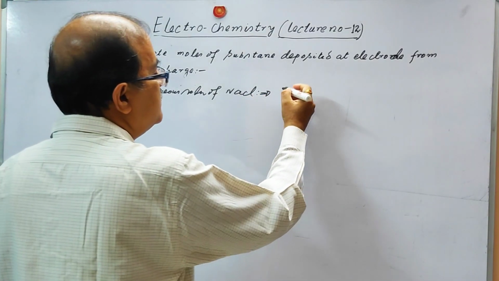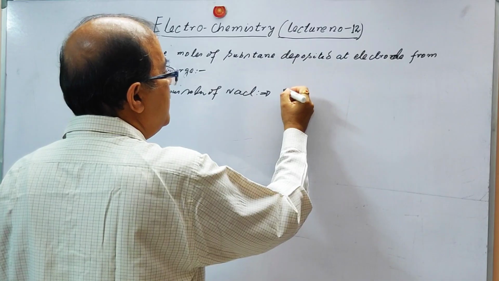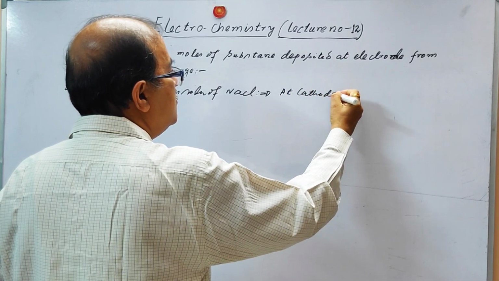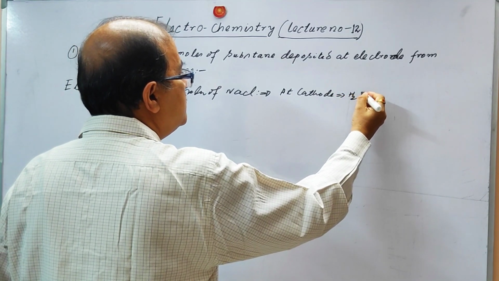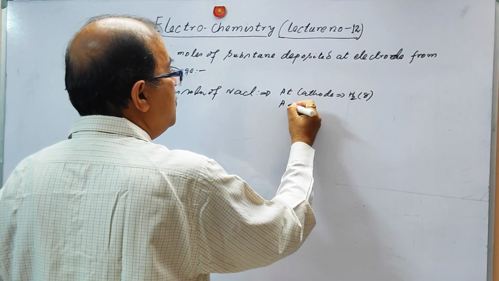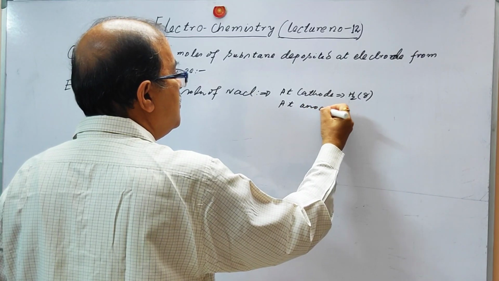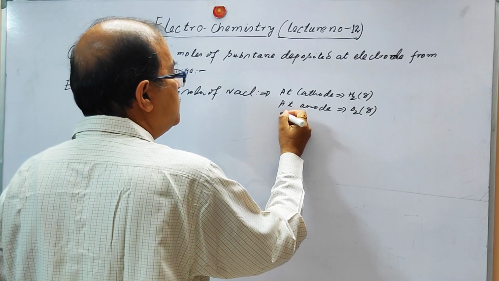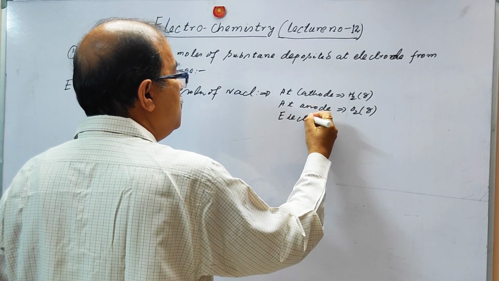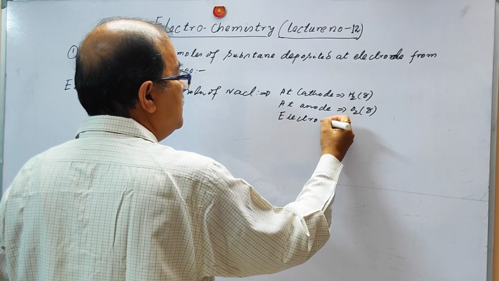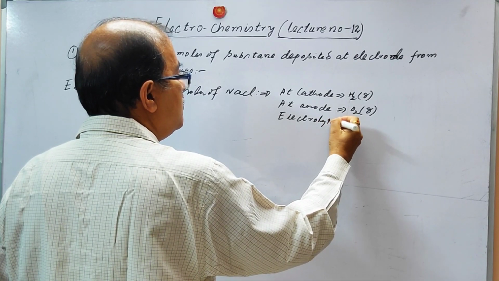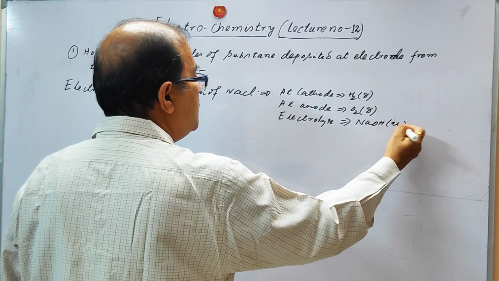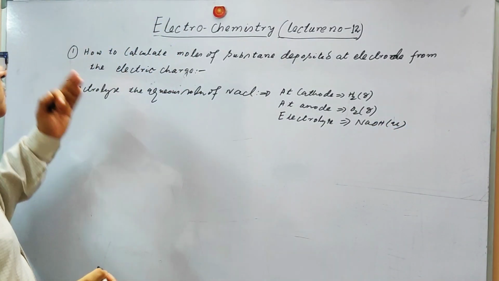At the cathode we will find hydrogen gas, at the anode we will find chlorine gas, and in the electrolyte solution we will find NaOH aqueous. So that is totally contrasting.